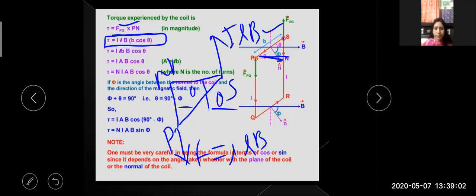This is theta. So it will be b cos theta.